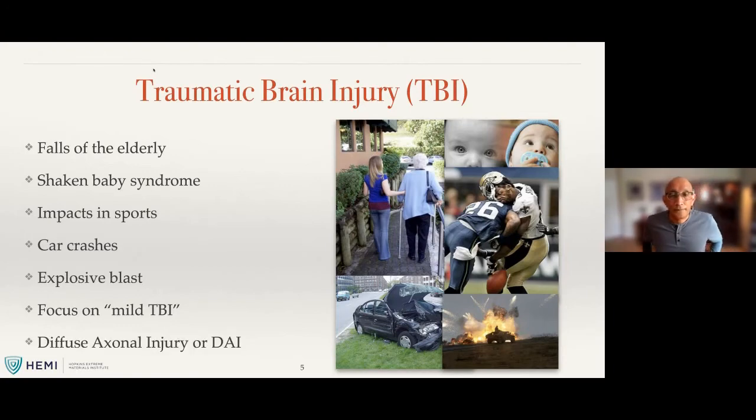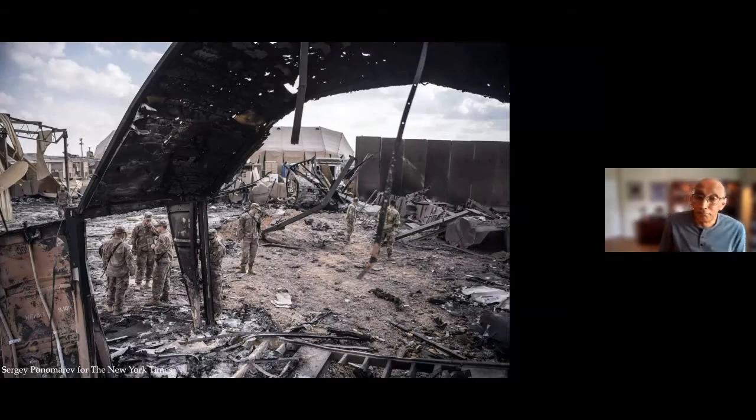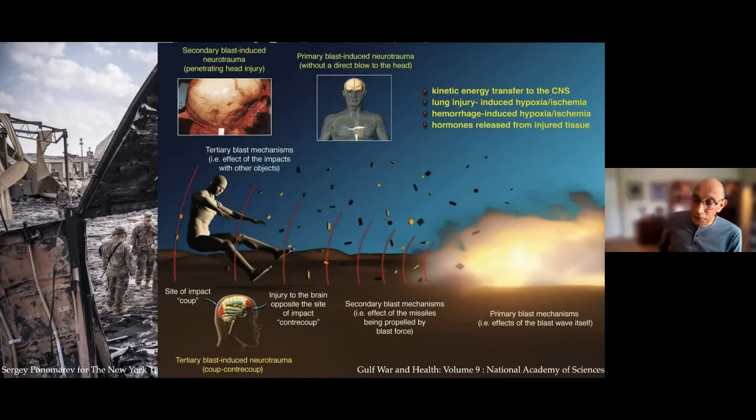All right. So there are other problems where you see this. This is the case of blast. This is actually an event in Iraq where a number of US soldiers were hurt as a result of blasts. And you can see the typical blast injury problem that one thinks about. So you have a major blast, you have the direct effects of the blast wave, you have the fact that the body is thrown back, then you have the fact that you hit something after it's thrown back and maybe your head is shaken.